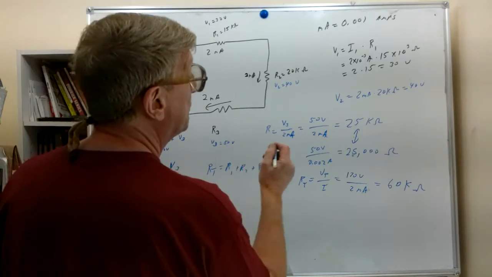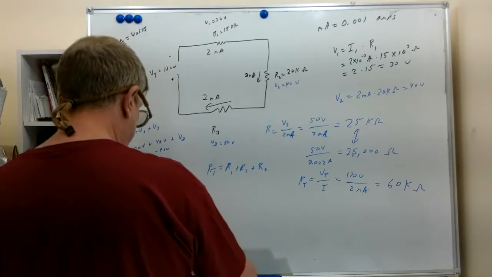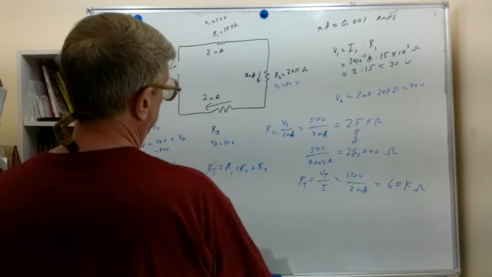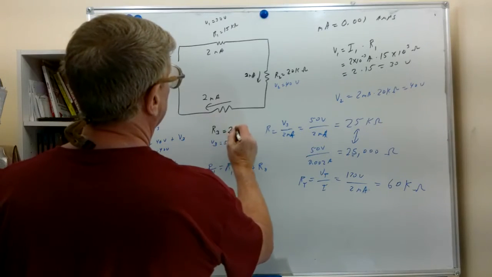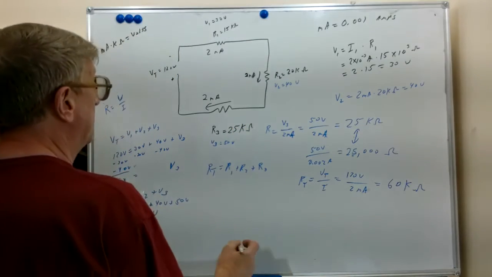We calculated R3 a little bit ago to be 25K, so let's put that in here. We didn't write it up here, so let's write it up here. Now let's use our series resistance formula.